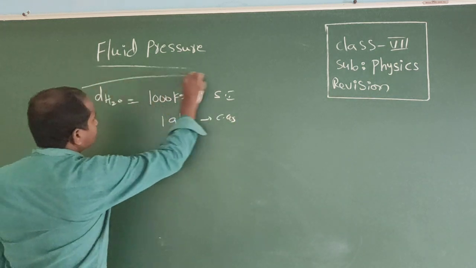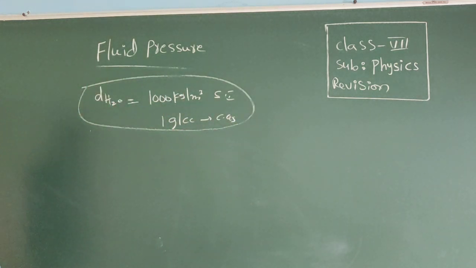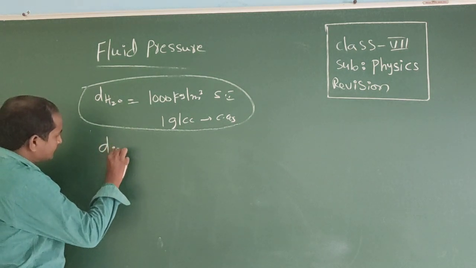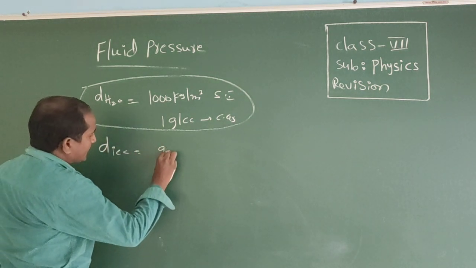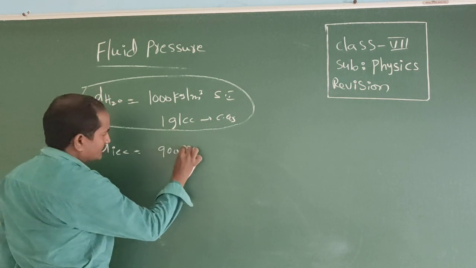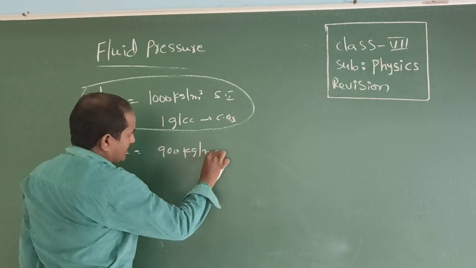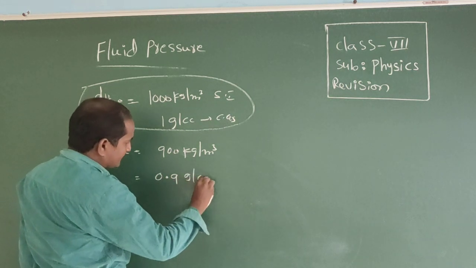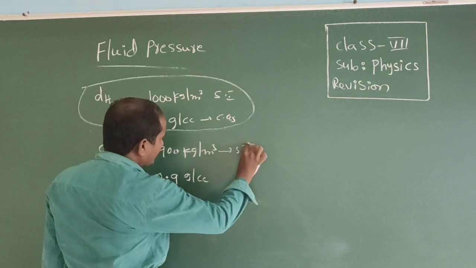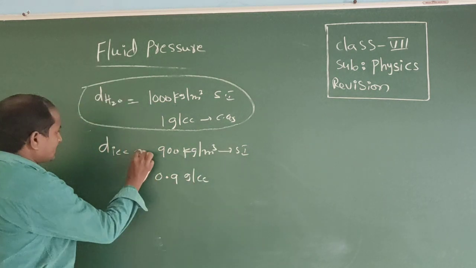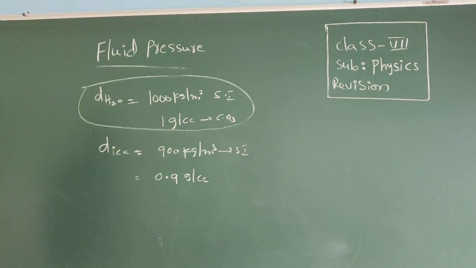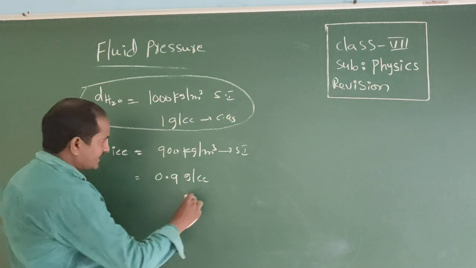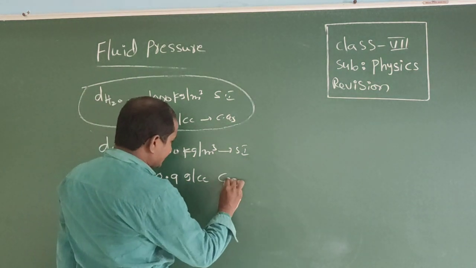Next, density of ice equals 900 kg per meter cube in SI, that equals 0.9 gram per cc in CGS.